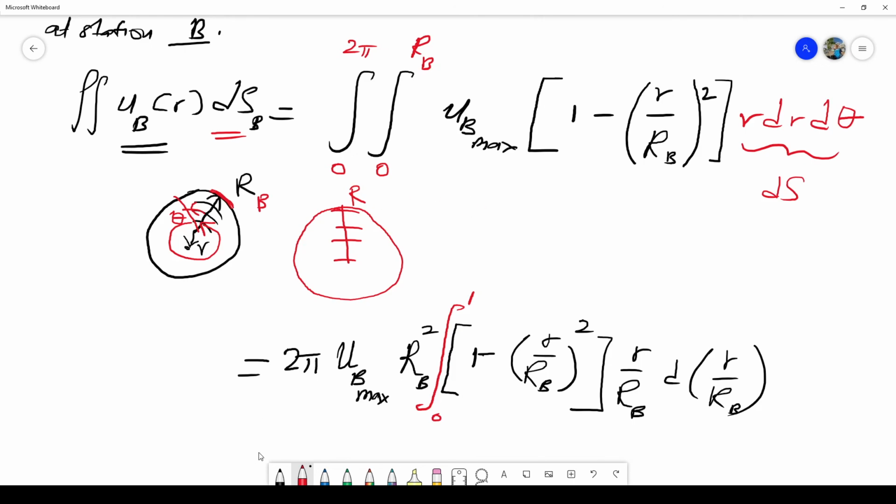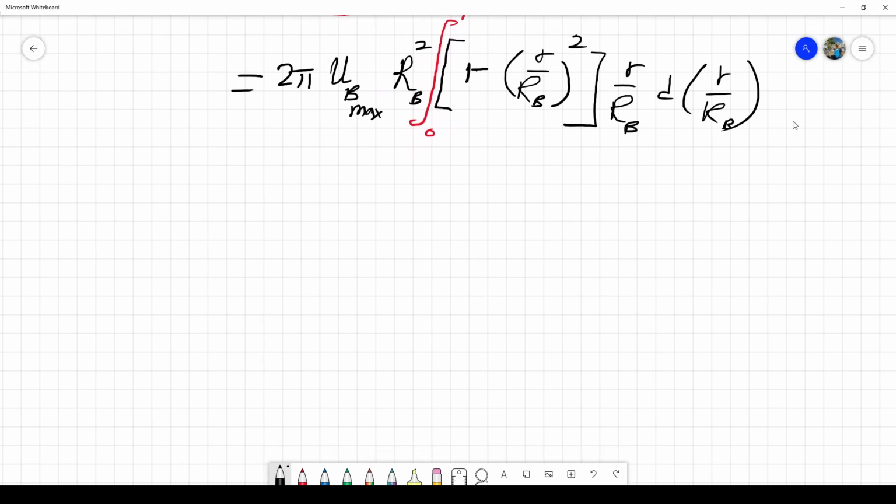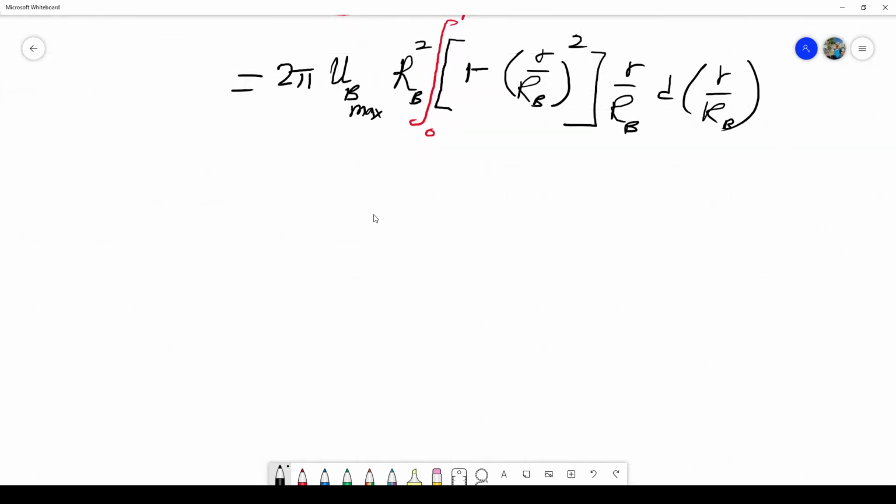So once we have this, we integrate in the other direction. Then we will get here 2 pi UB max, and then we have RB square.